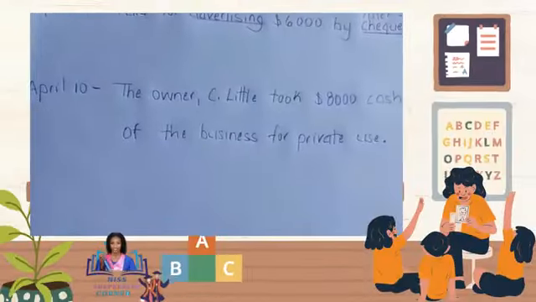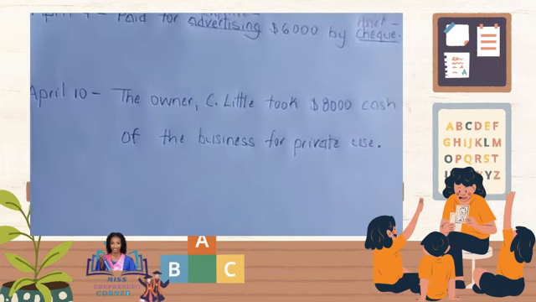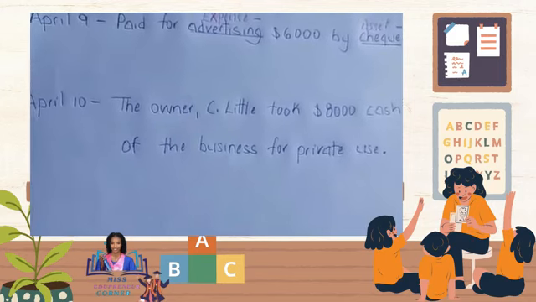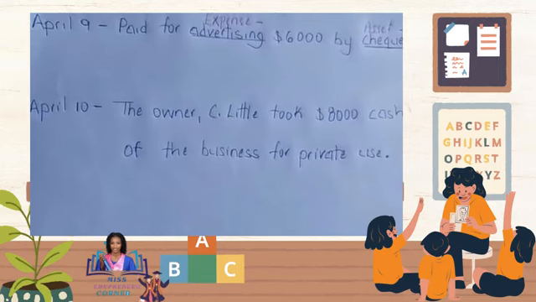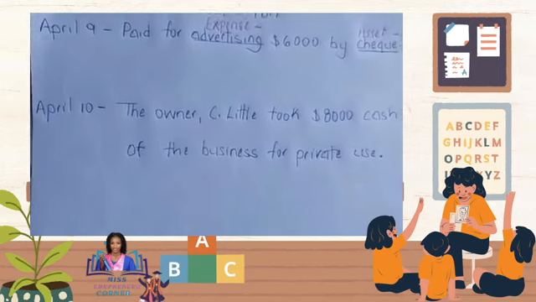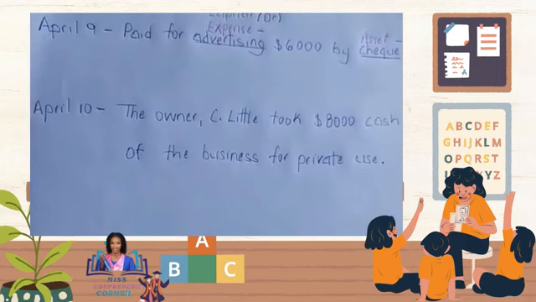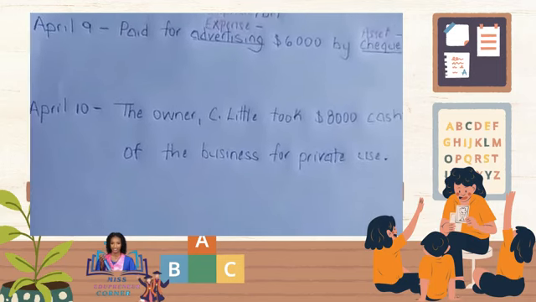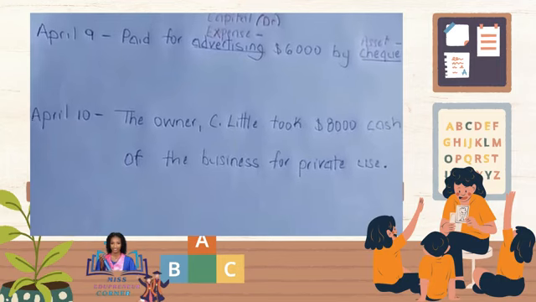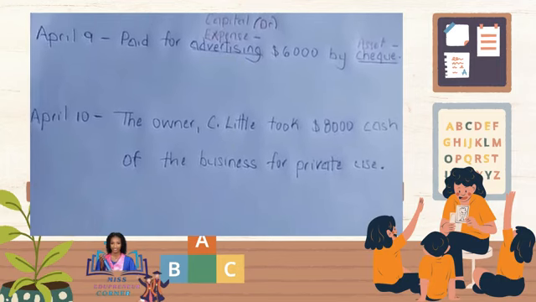In the final transaction, on April 10, the owner, C. Little, took $8,000 cash out of the business for private use. Remember we would have established earlier that anything taken out of the business by its owner for personal use is termed drawings.